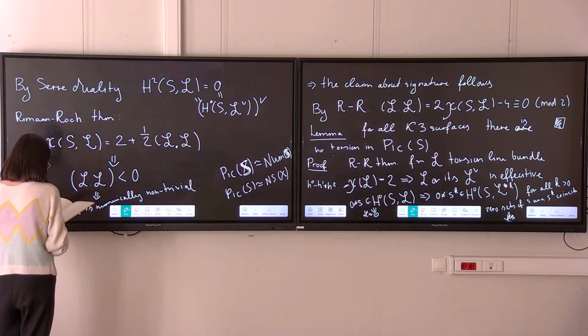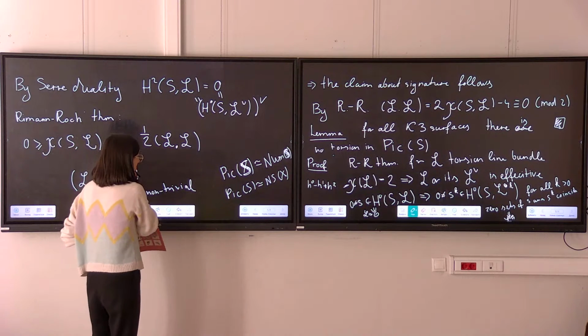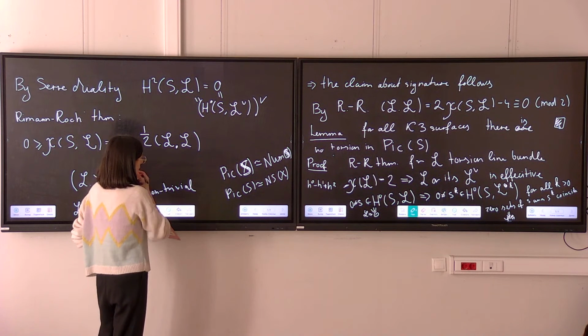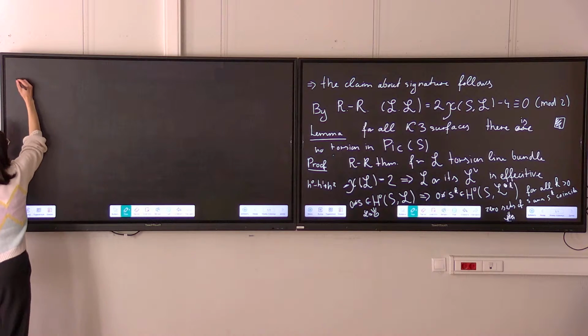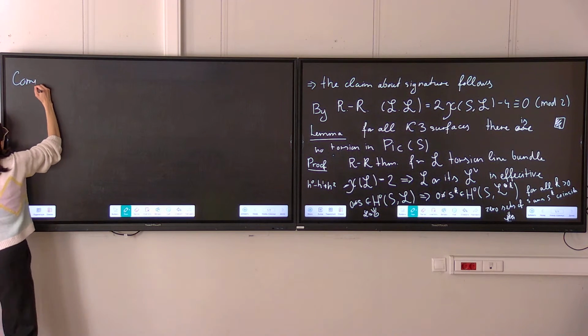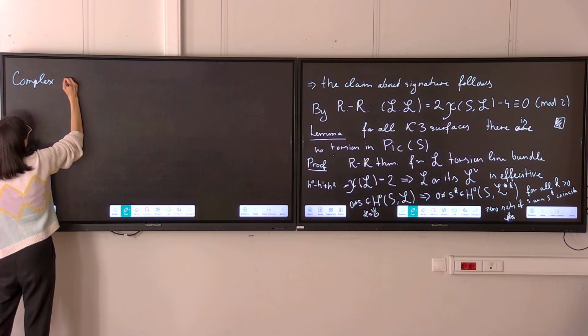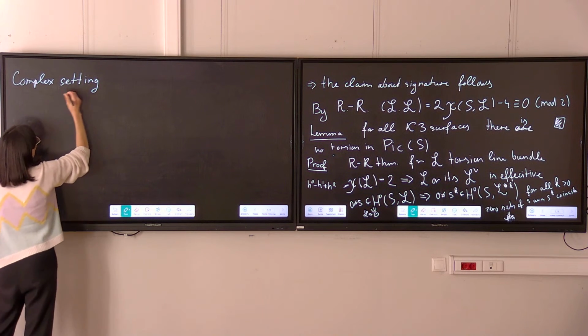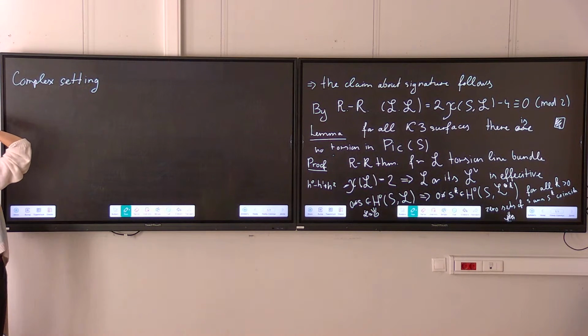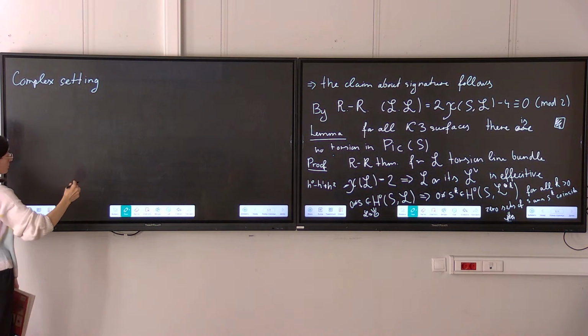Great. And now let me come to the complex setting. So first of all, in the complex setting, an especially nice feature is that we have singular cohomology.